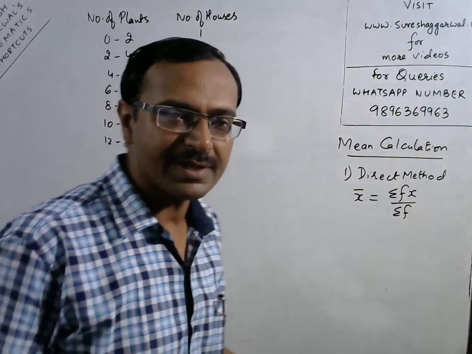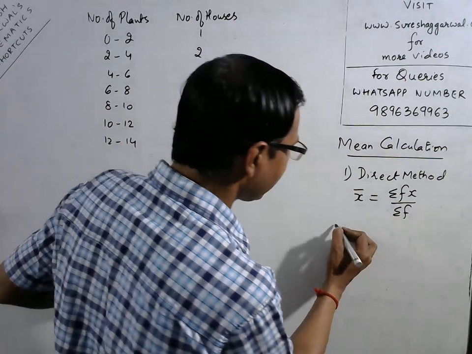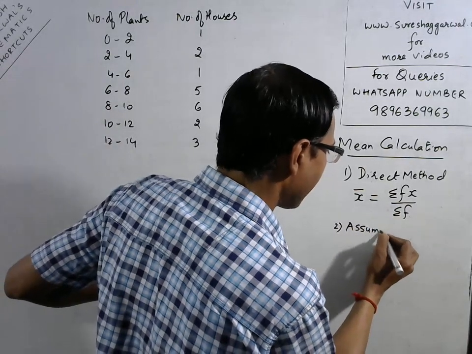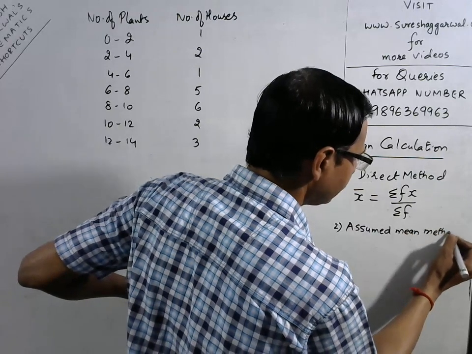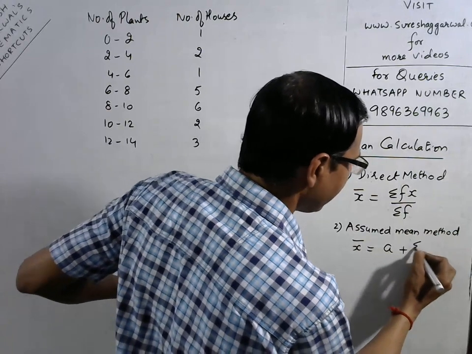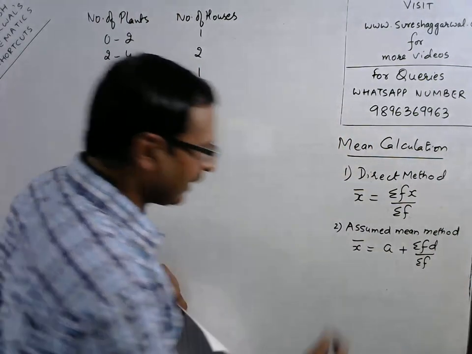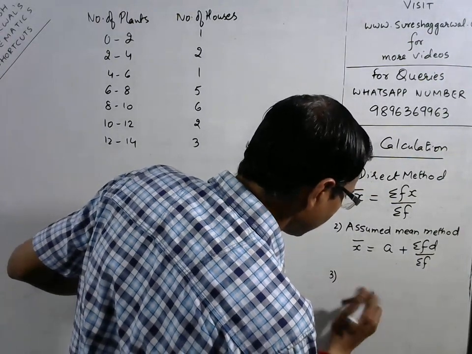So I'll tell you what this means. First of all, we will have the formula. The second, we have the assumed mean method. In this case, x bar will be calculated as a plus sigma fd upon sigma f. And finally, we have the step deviation method or shortcut method.